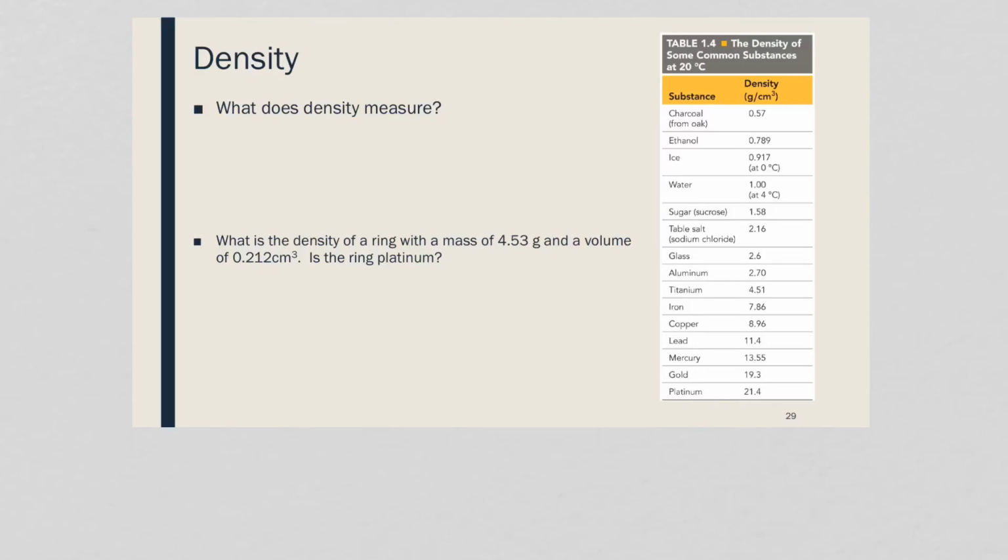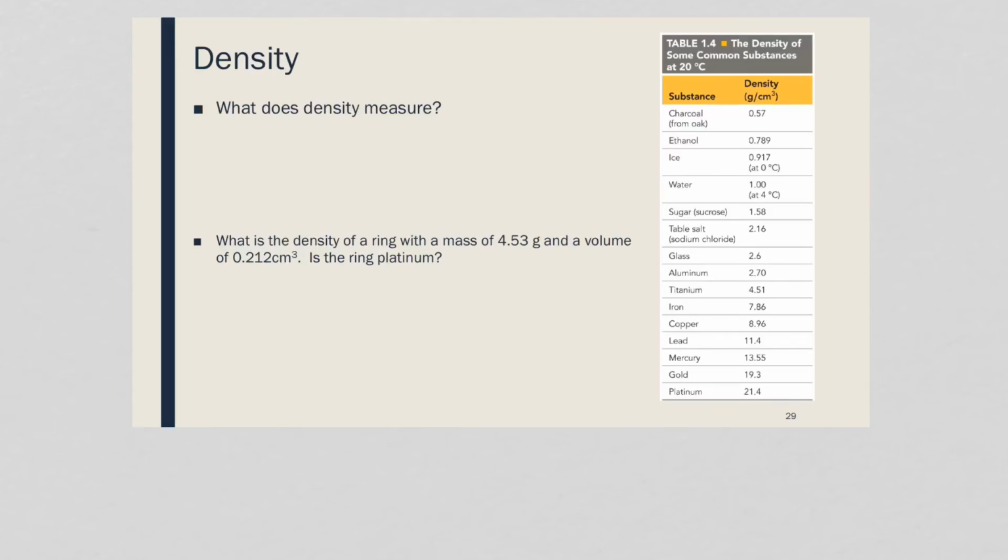So we have simple units like length and mass, etc., right, that we talked about. But we also have complex units, and complex units are combinations of our basic units.